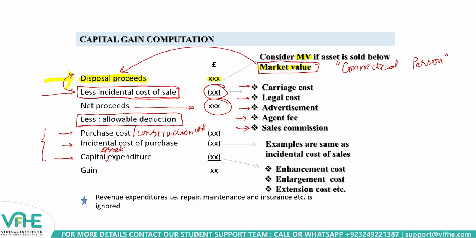And by the way, the examples are exactly the same as what we have seen in the case of incidental cost of disposal.